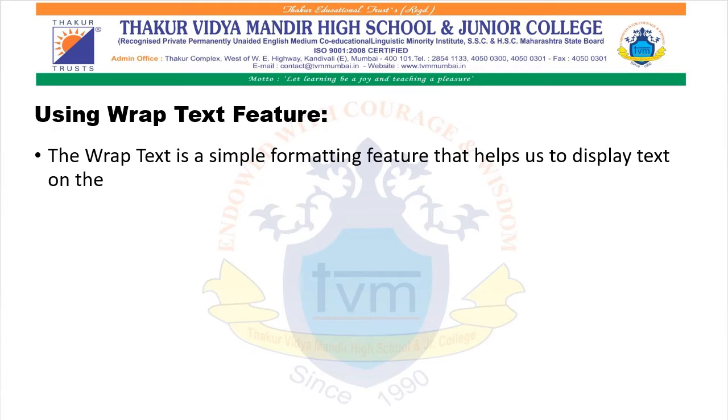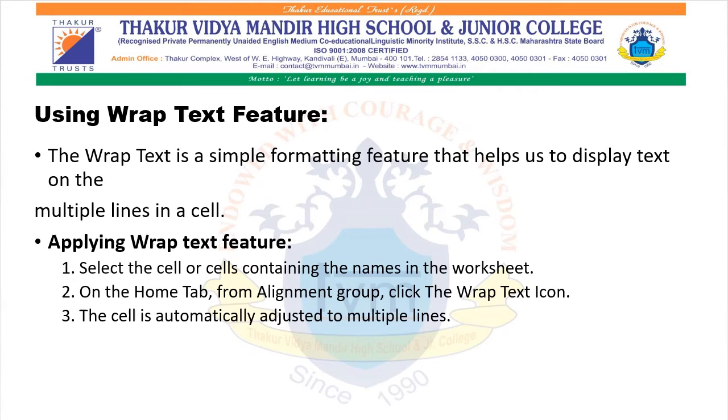Now the next thing, how to apply the wrap text feature. The first step, select the cell on which we want to apply the wrap text feature. Then the second step, on the Home tab from the Alignment group, click the wrap text icon.